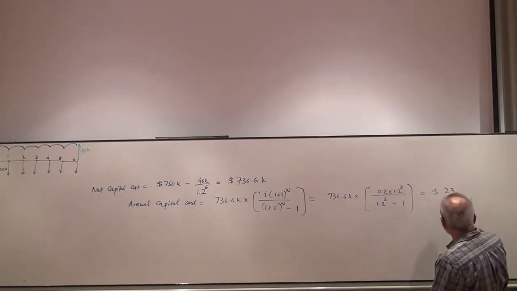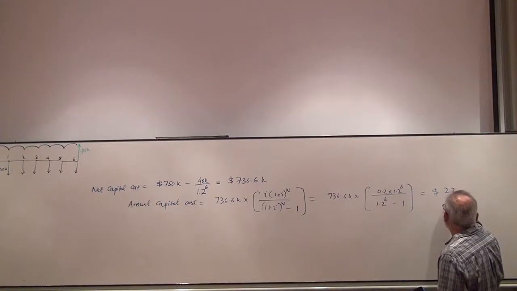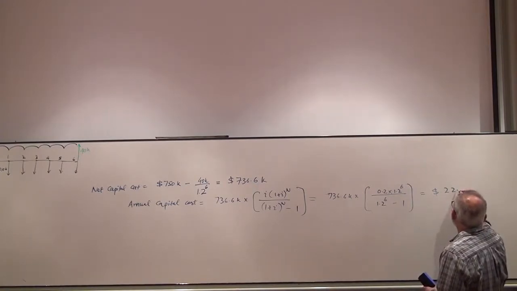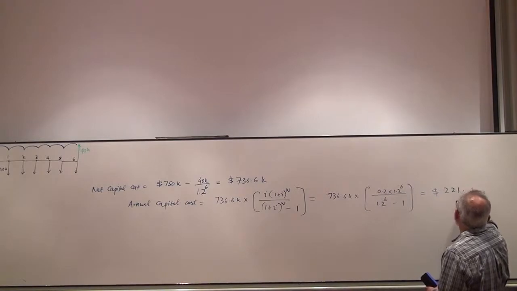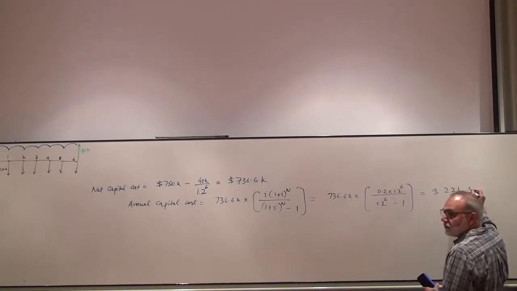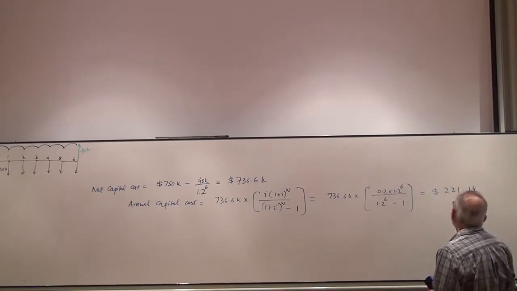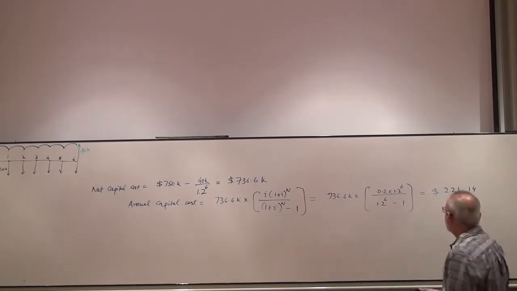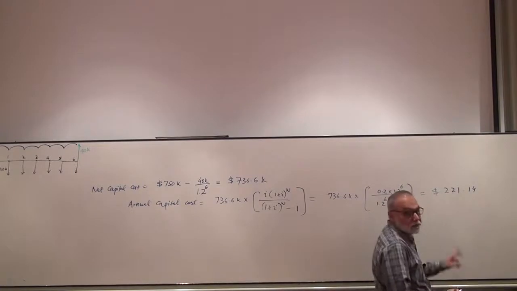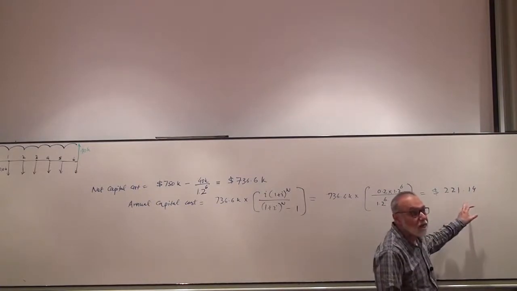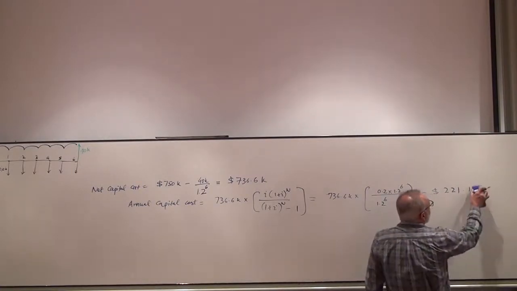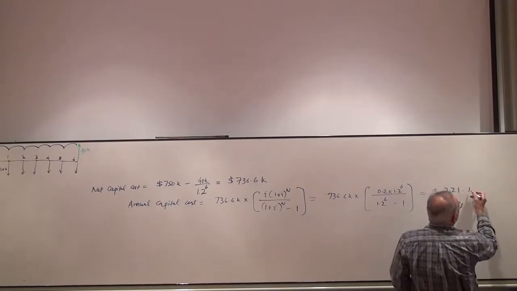$221, something like that. No, it's 2 something, 221.5. 0.41.